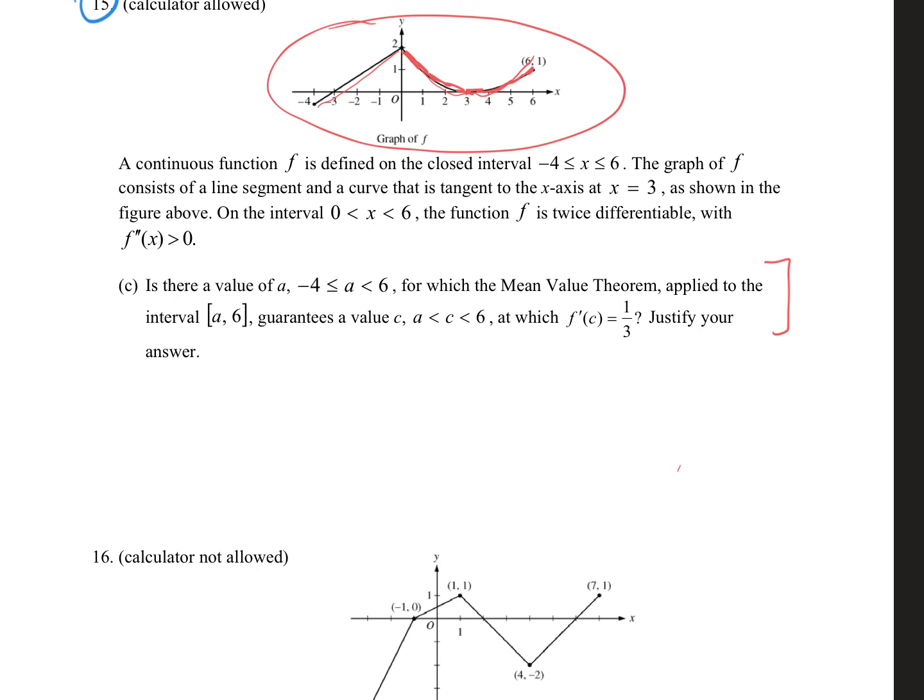In order for a place to be guaranteed that f prime is equal to 1/3, two things have to occur. The graph has to be differentiable along the path, and the graph has to have an AROC of 1/3.